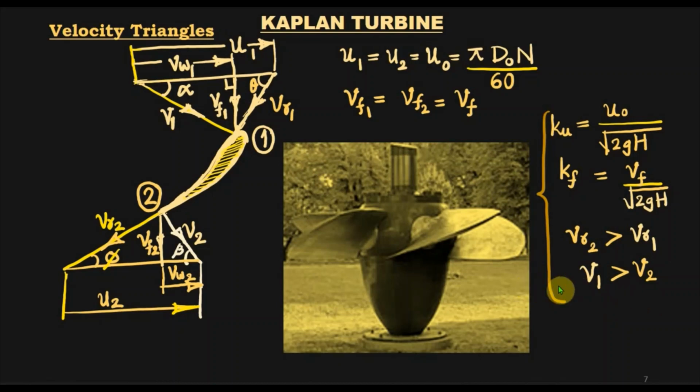The degree of reaction for a Kaplan turbine usually ranges between 0.5 and 1. There is no turbine with 100% reaction, or pure reaction only. As we have discussed before, the work done is partly by impulse and partly by reaction. The reaction part will be dominating.